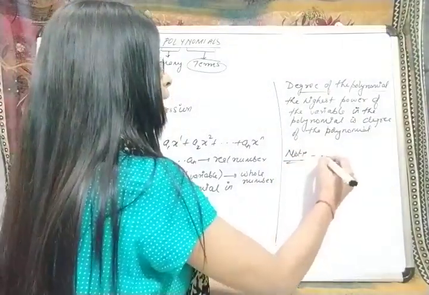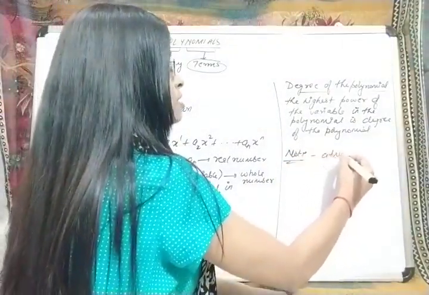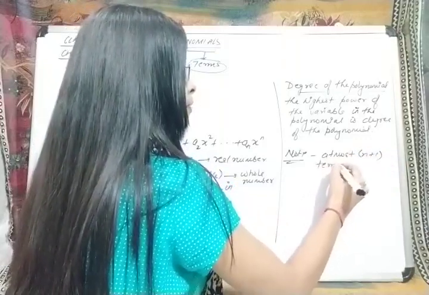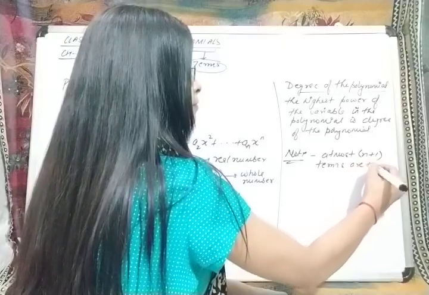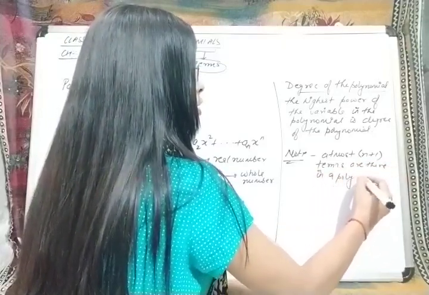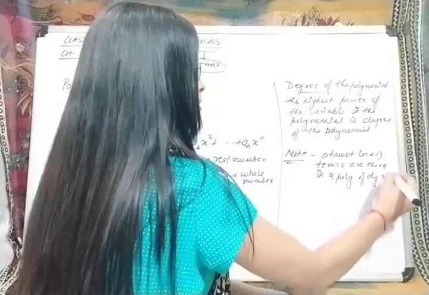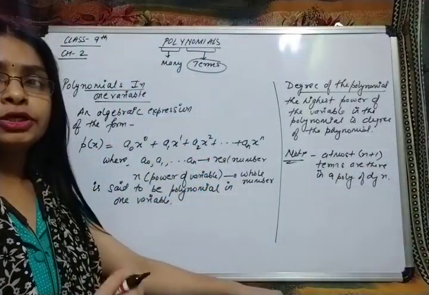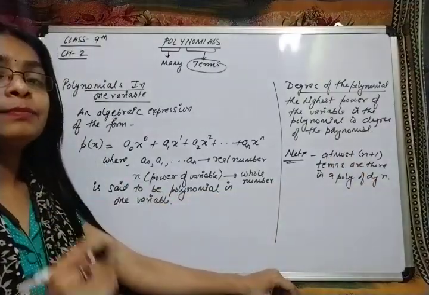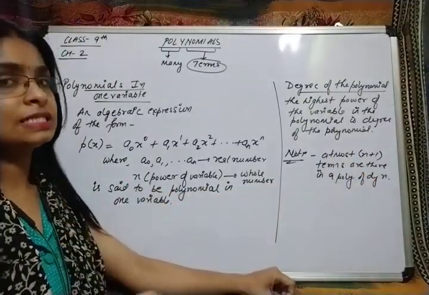So just note that at most n plus 1 terms are there in a polynomial of degree n.